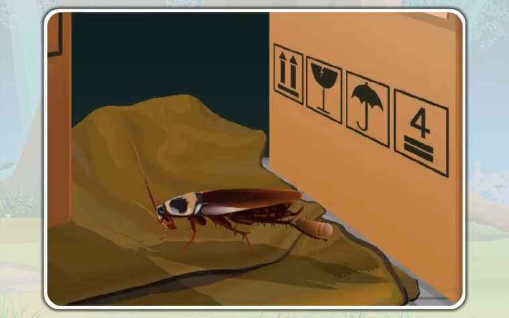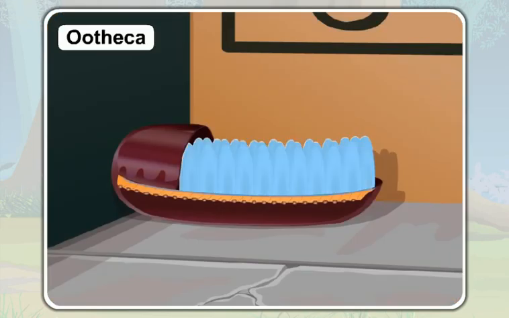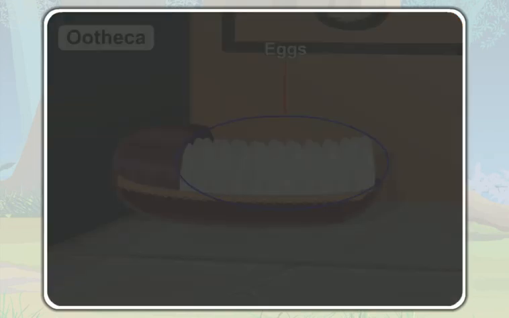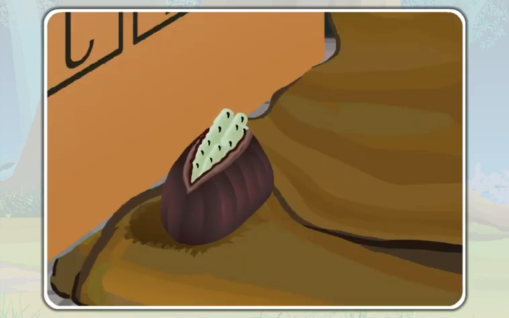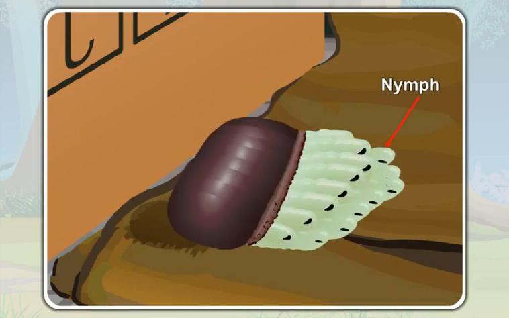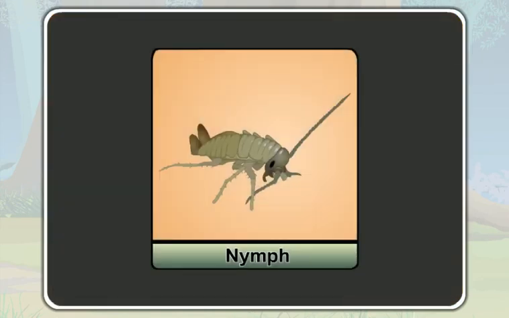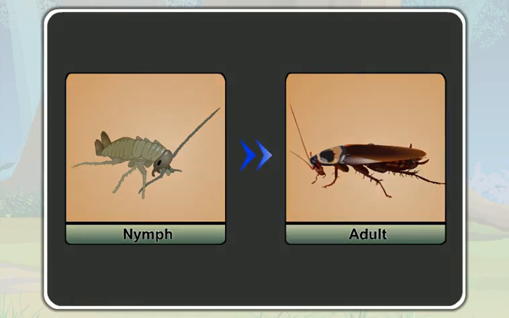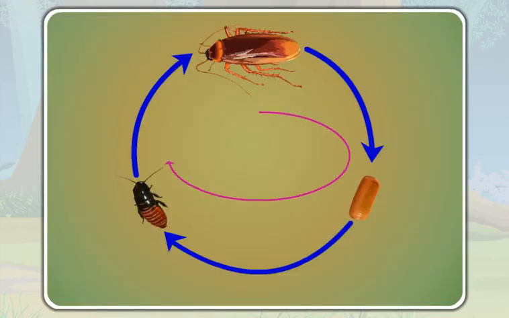A female cockroach gives out an ootheca. There are numerous eggs deposited inside it. An egg gives rise to a nymph. A nymph, in turn, gives rise to an adult. In this way, the life cycle of a cockroach goes on and on.